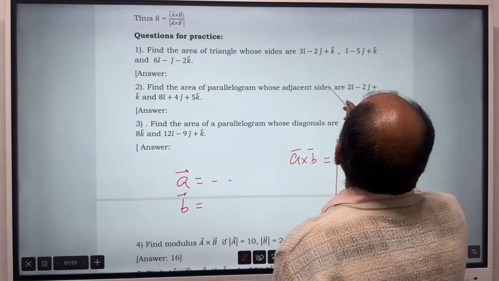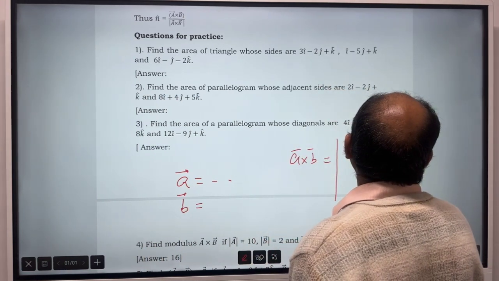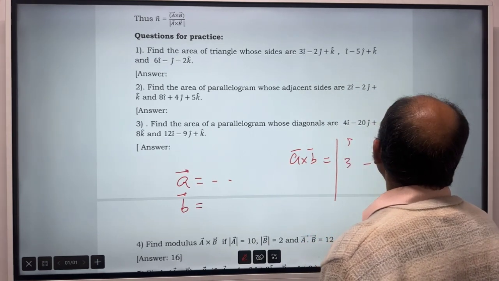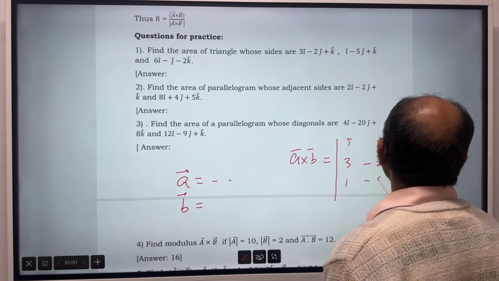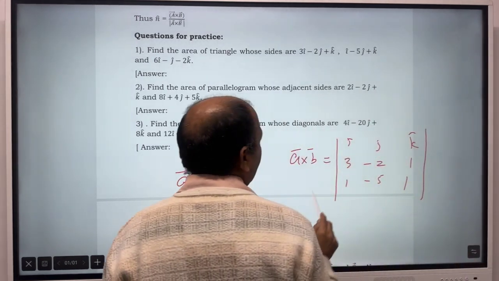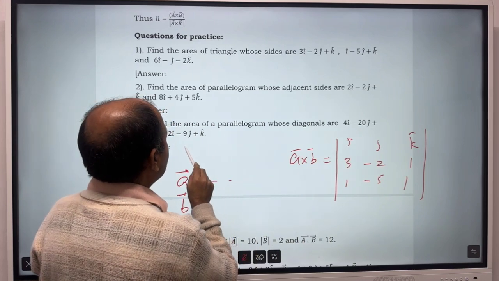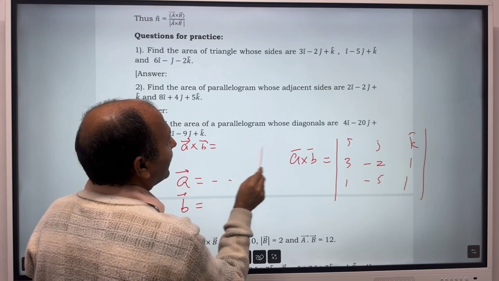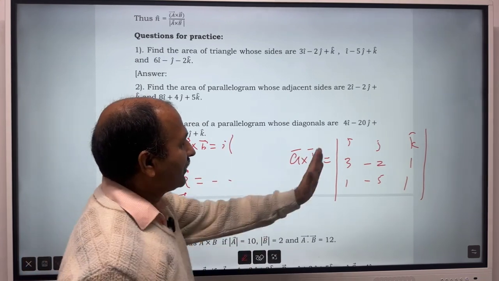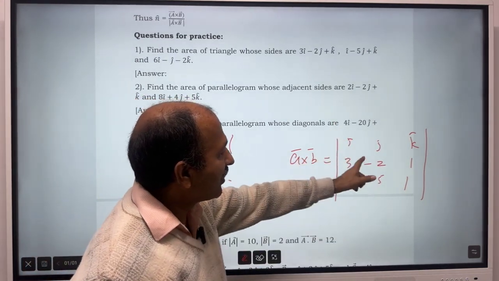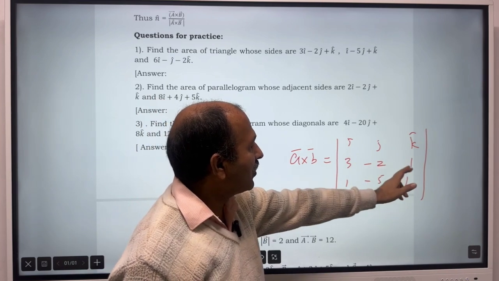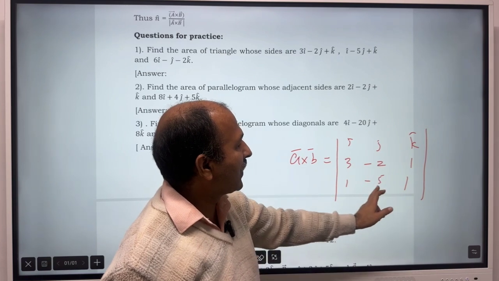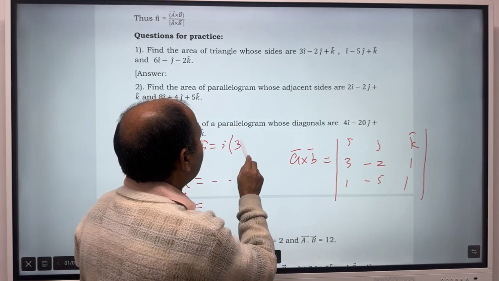A cross B will be equal to, take here i cap, j cap, k cap, then the coefficients 3, minus 2 and 1, then 1, minus 5 and 1. If you remember, take i cap outside, leave that column and that row, and then multiply minus 2 into 1, so minus 2. Put the minus sign, so these two minus signs become plus, so minus 2 plus 5 gives plus 3.